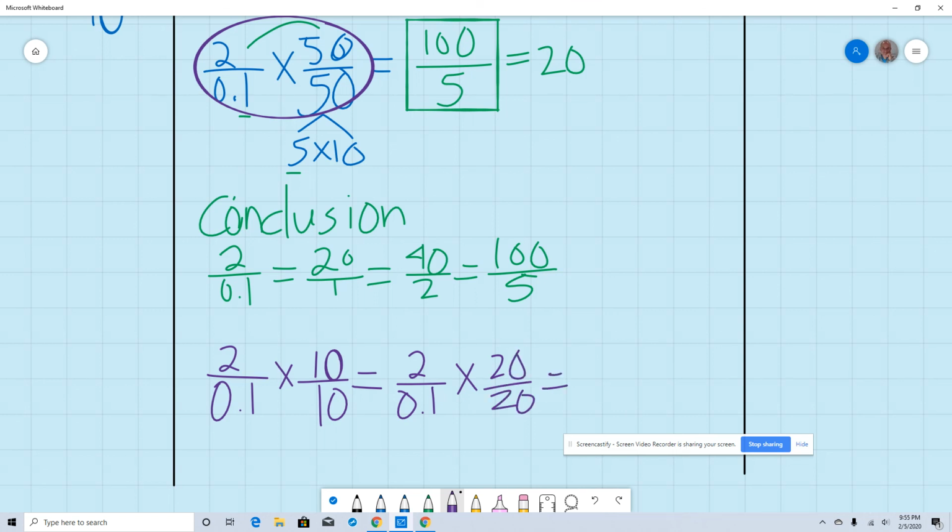We can also say that 2 over 1/10 times 50 over 50 is the same. So all of these expressions have the same answer, which is 20. Watch this video and we're going to come back to do some of the problems.